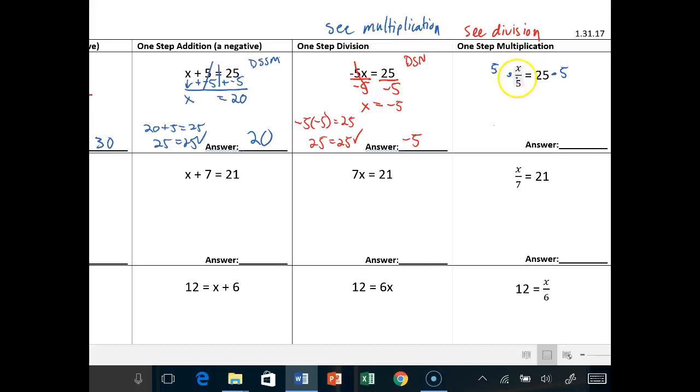This, again, would be 5x over 5, which is just 1, so that's why it cancels out. X gets dropped down. And 25 times 5 is actually 125. So that's my answer. I can check by asking myself, does 125 divided by 5 equal 25? And yes, it does. 125 divided by 5 is 25. So therefore, I know I am correct.